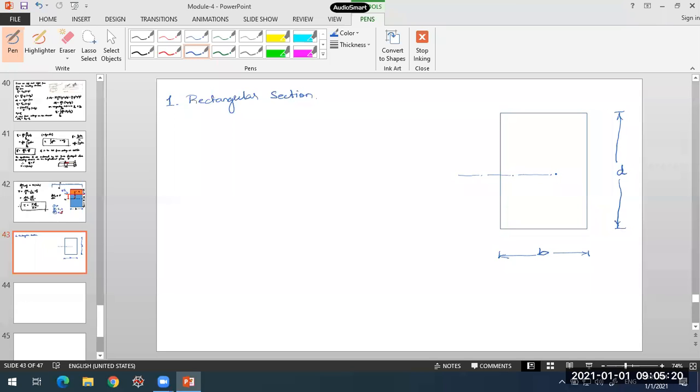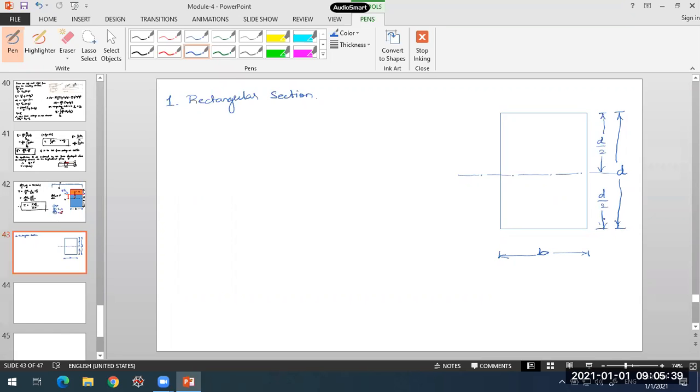So this is my neutral axis. So distance of this neutral axis is d by 2 from either sides. From top edge or from the bottom edge, the distance of neutral axis will be d by 2.